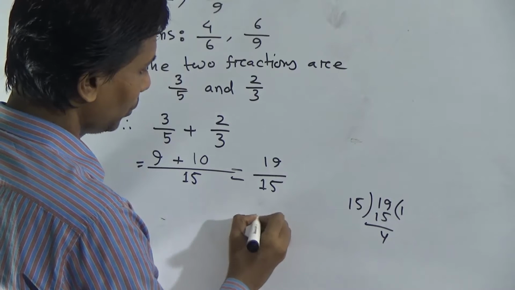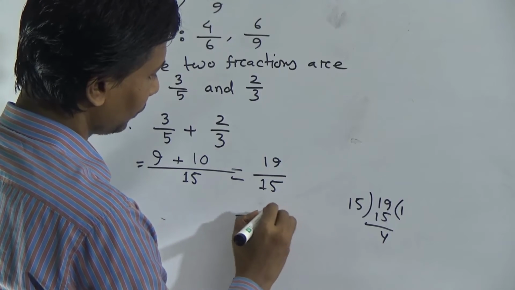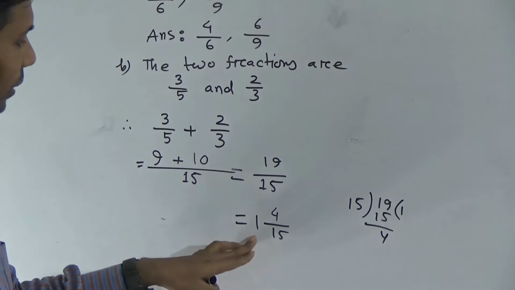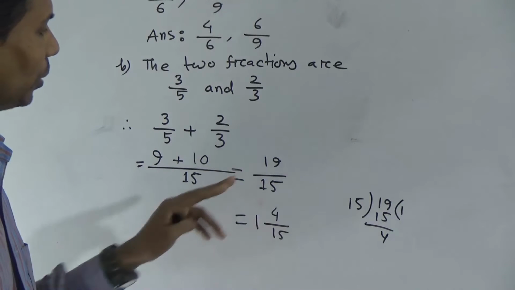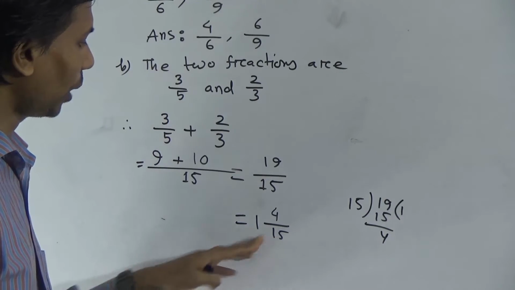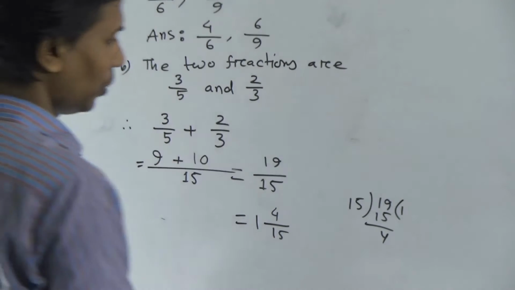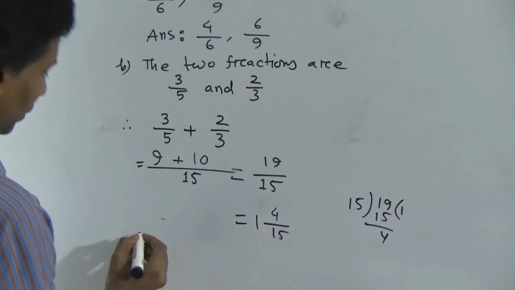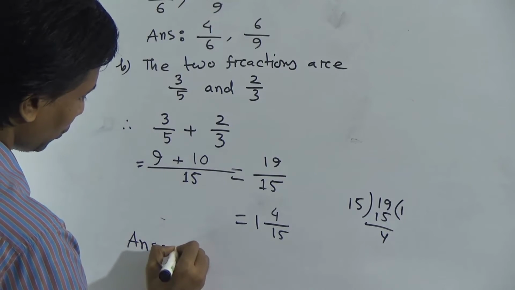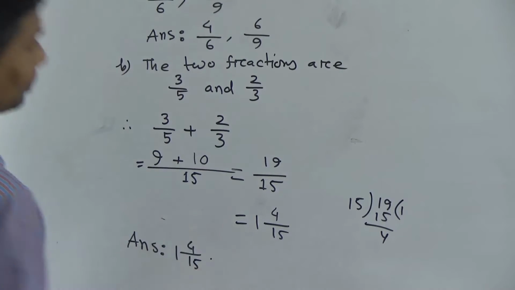This equals 1 and 4 by 15. Look, 15 ones are 15, 15 plus 4 equal to 19. So 19 by 15 equal to 1 4 by 15. This is the mixed fraction. Write the answer: 1 4 by 15.